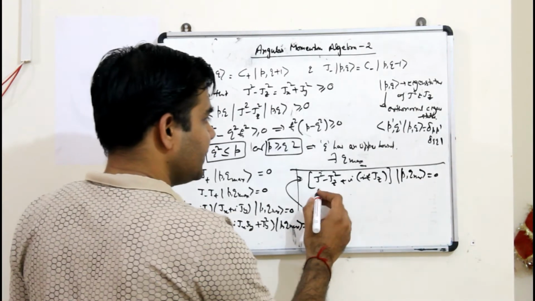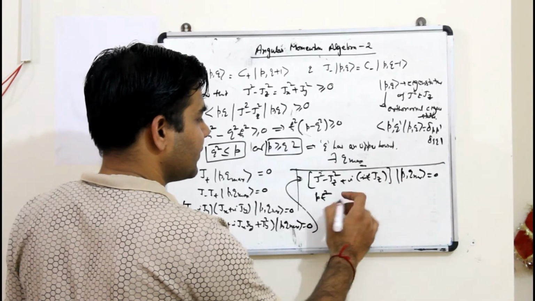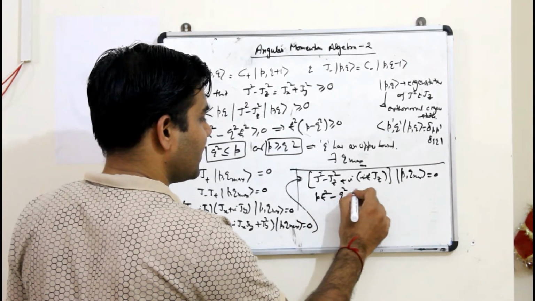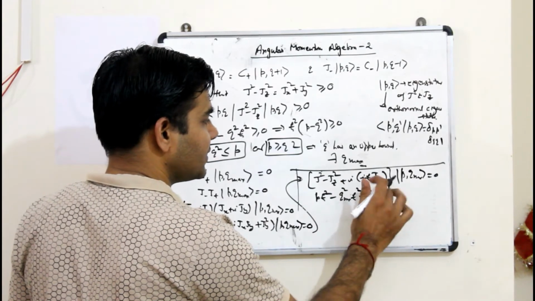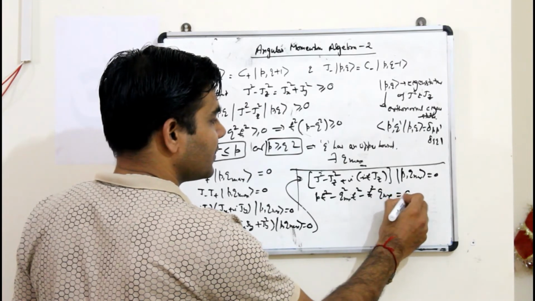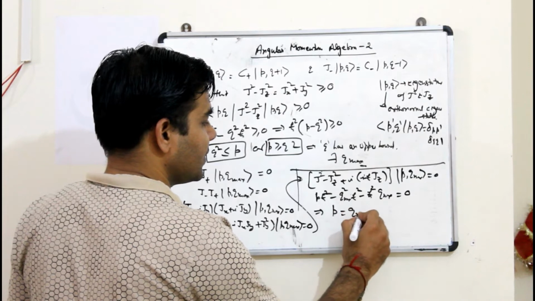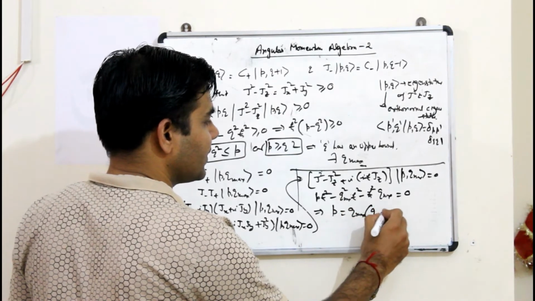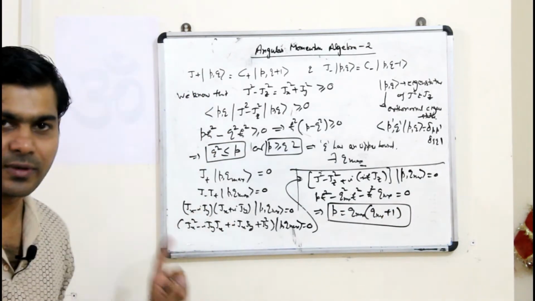So now J square acting on this will give me P H cross square, Jz acting on this will give me Q max square H cross square, and this iota will make it minus H cross, and Jz acting on this will give me again Q max H cross, which is equivalent to this. Now if I conclude from this equation, I get P equal to Q max into Q max plus 1. This is one thing that we have to remember.